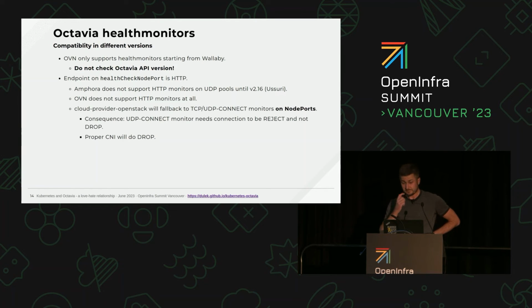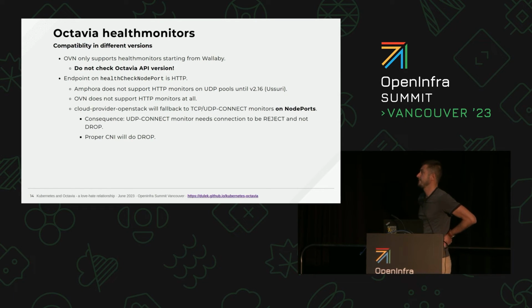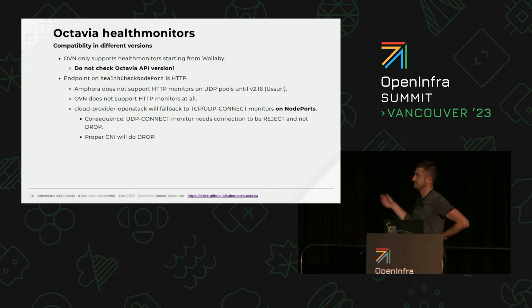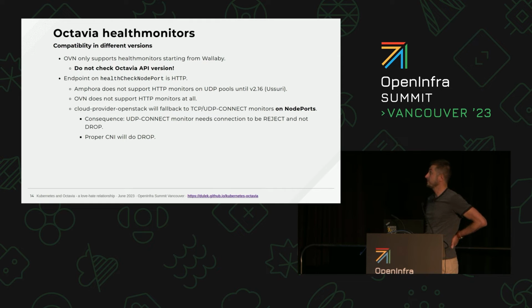So in order to work around this, we've implemented a fallback in the cloud provider OpenStack. It will fall back to the TCP or UDP connect monitors, but hitting the node ports, not the health check node ports. And that's because the health check node port is an HTTP endpoint. For the TCP health monitor, it's always okay, so it needs to monitor the node ports.